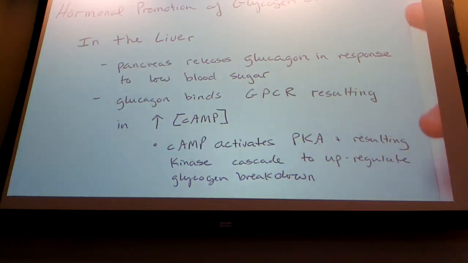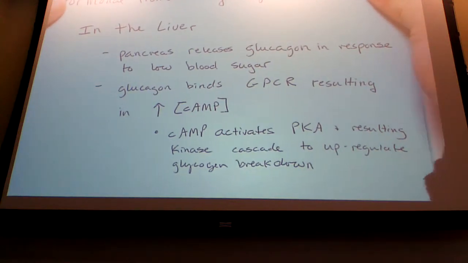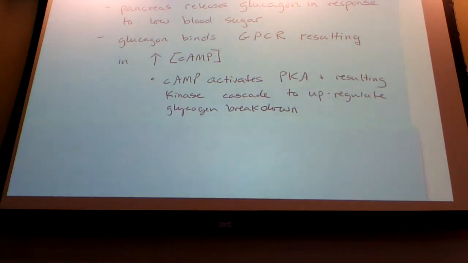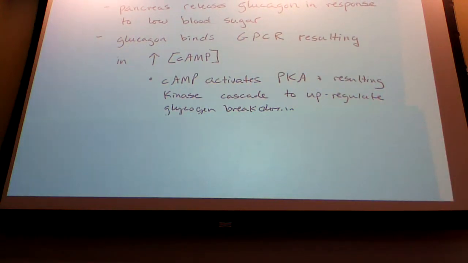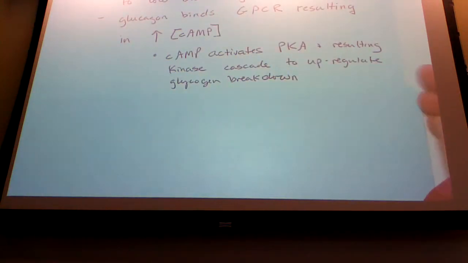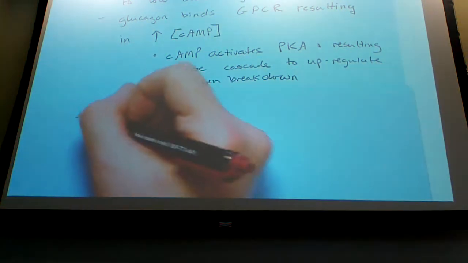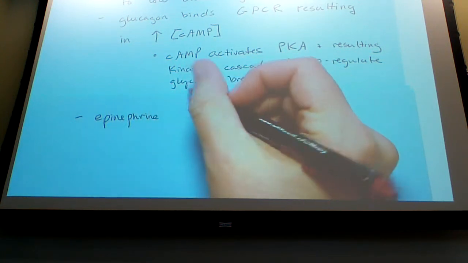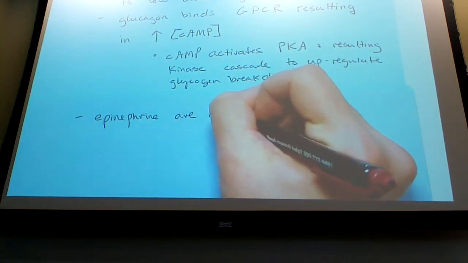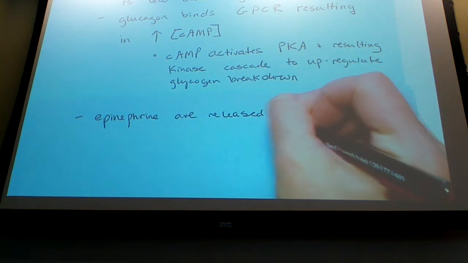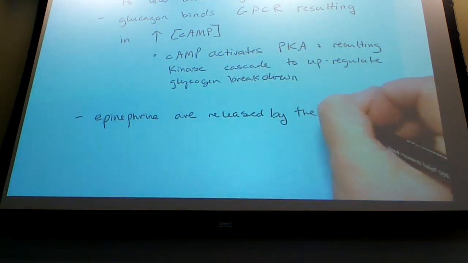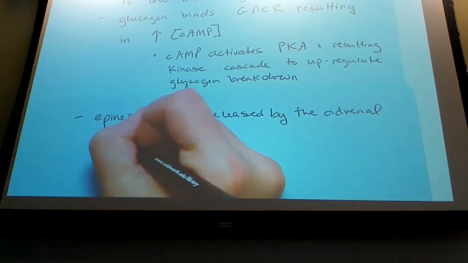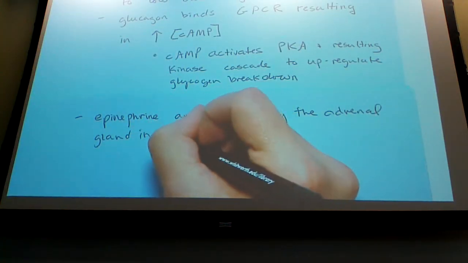Okay. Glucagon does not act alone. We've also got epinephrine and norepinephrine. Epinephrine is released by the adrenal gland, also in response to low blood sugar.